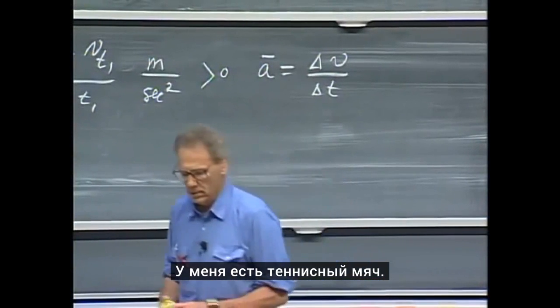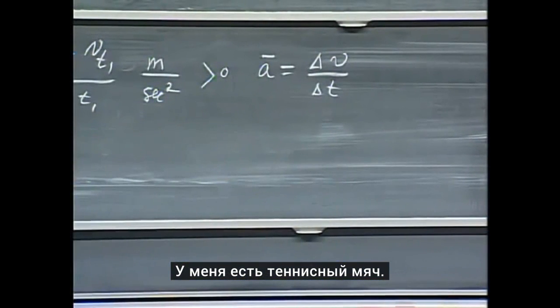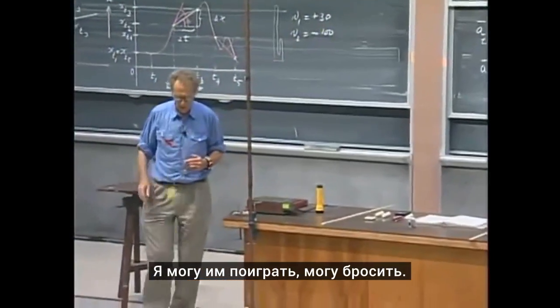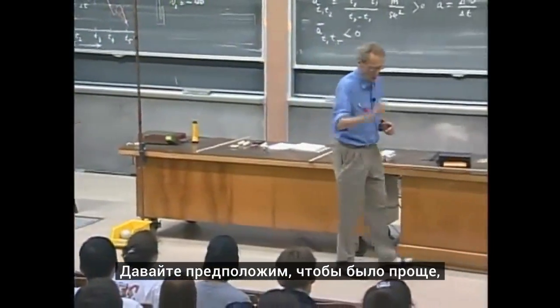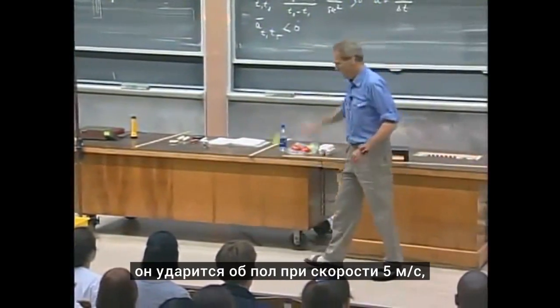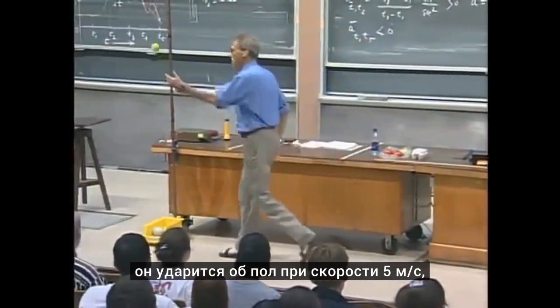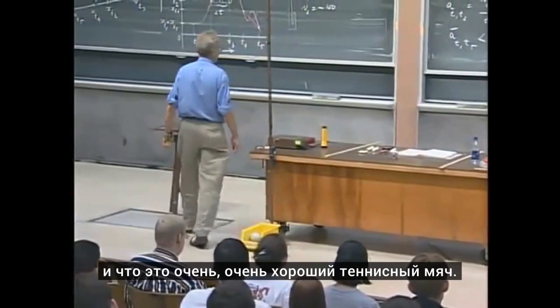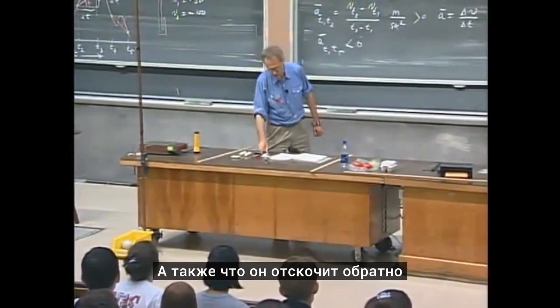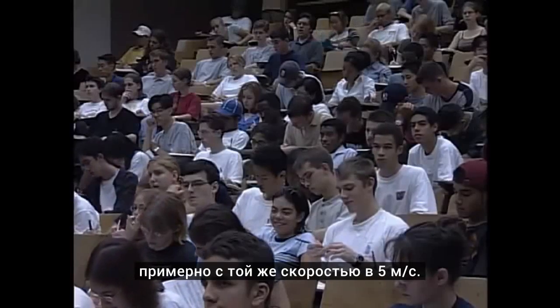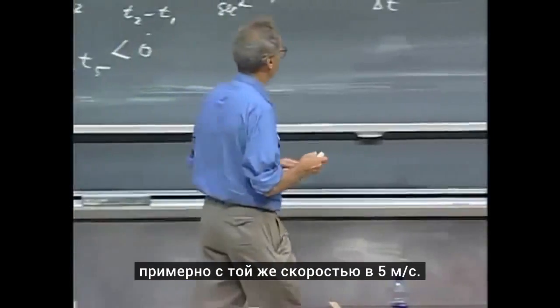I have here a tennis ball, and I can bounce this tennis ball. I can throw it down. And let us assume, just for simplicity, that it hits the floor at about 5 meters per second, and that it's a very, very good tennis ball, and that it also bounces back with a speed of about 5 meters per second.